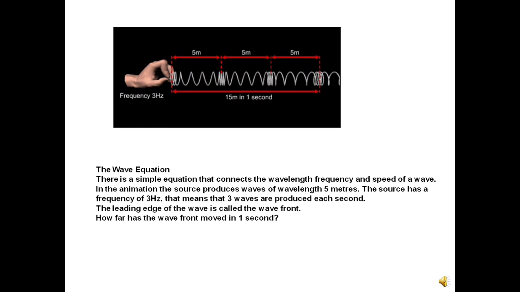We then have a relationship between the speed of the wave, the frequency of the wave, and the wavelength. Now, we've already said the speed is fixed by the medium, so you would expect that as the frequency changes, so does the wavelength, so that the speed remains the same, and so it does.